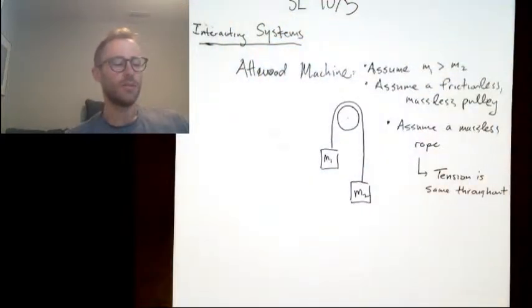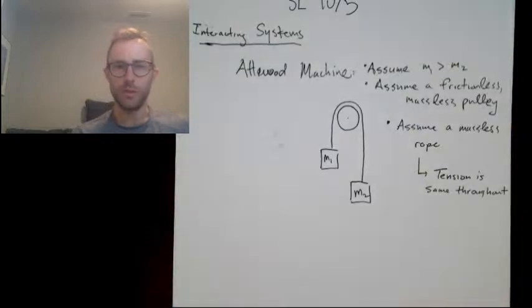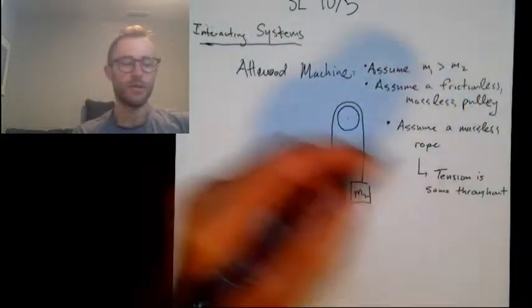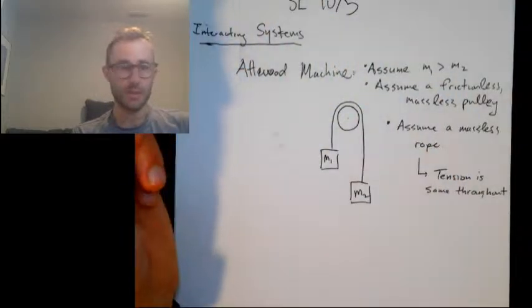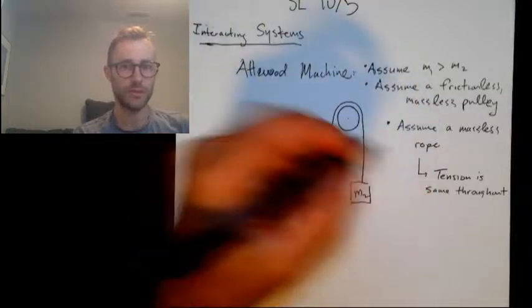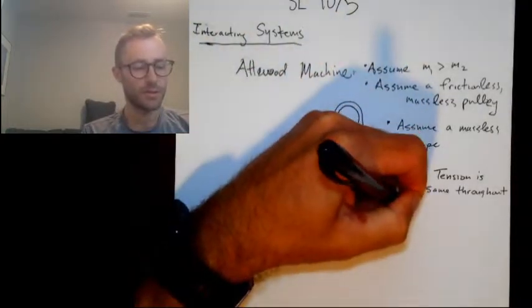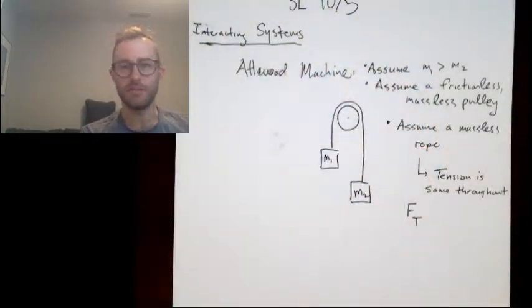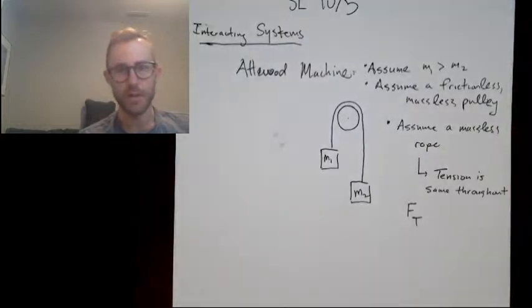By the way, the force from a rope is called tension, and I will denote a tension by F sub T, for force of tension.